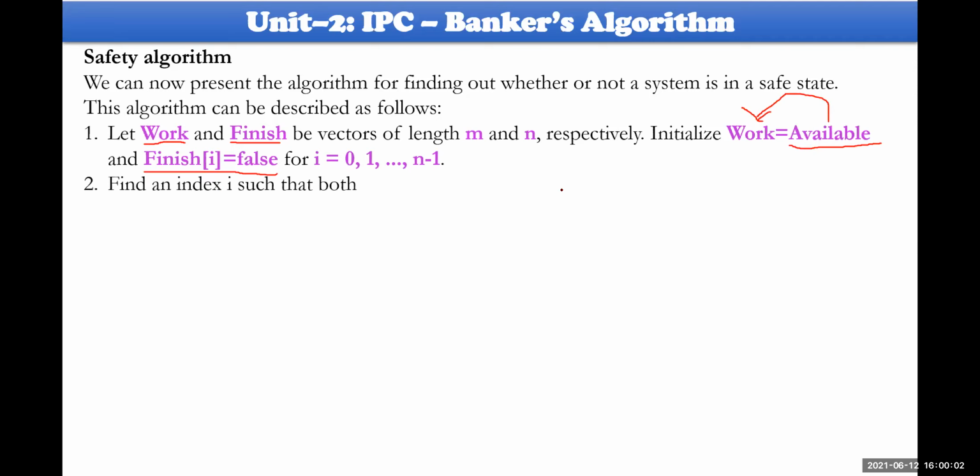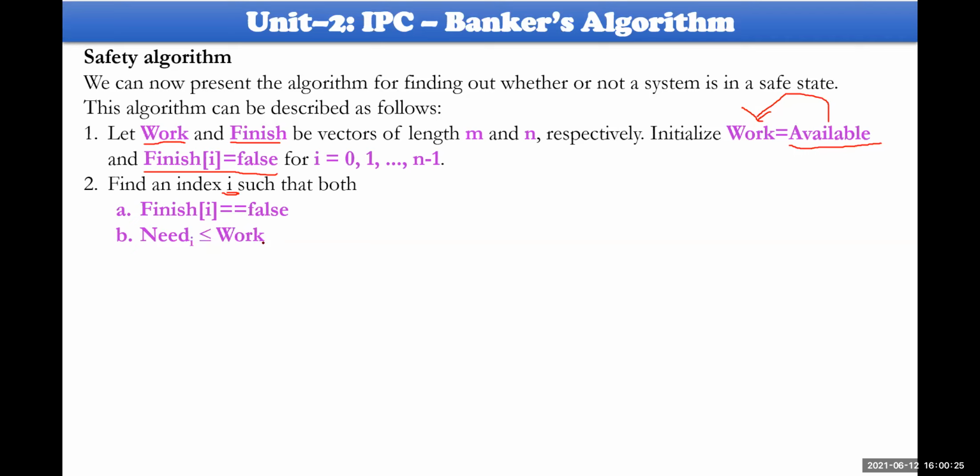And what exactly are you supposed to do? You need to identify one particular thread i such that finish of i is equal to false, which means it is not yet finished. And the second condition is that need of i is less than work.